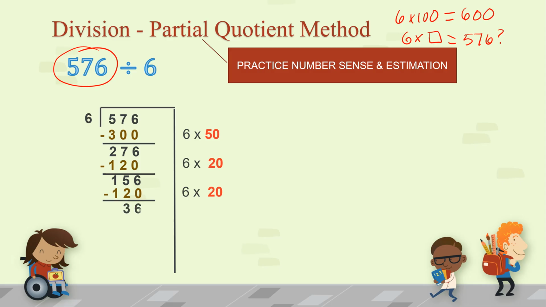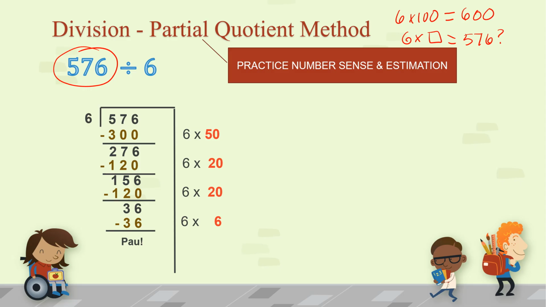So I'm going to subtract 120. 36 left. And for some reason, I couldn't think. It must be 6, right? Because 6 times 5 is 30, so 6 times 6 must be 36. So then I am subtracting 36 and all done.